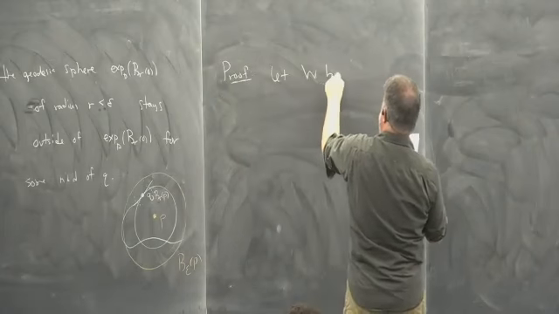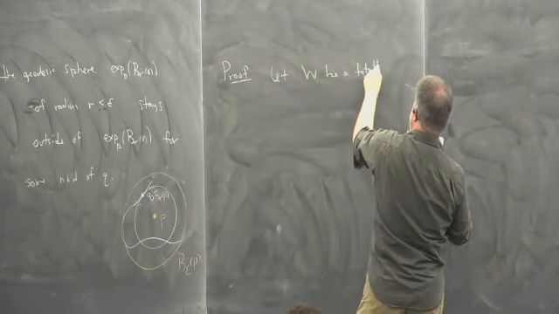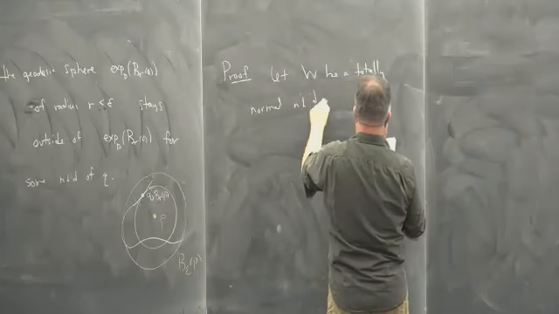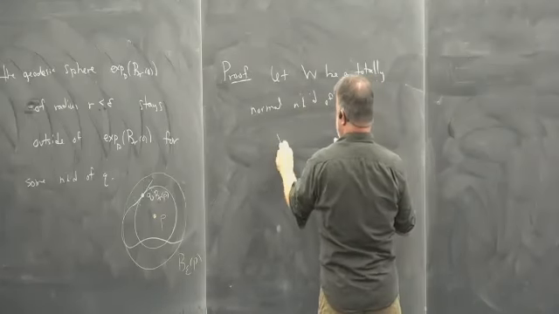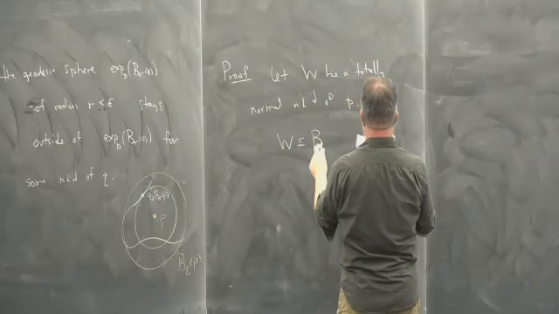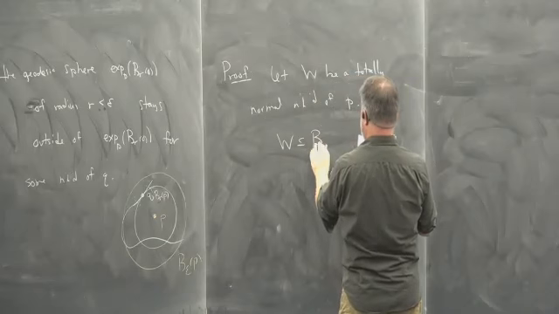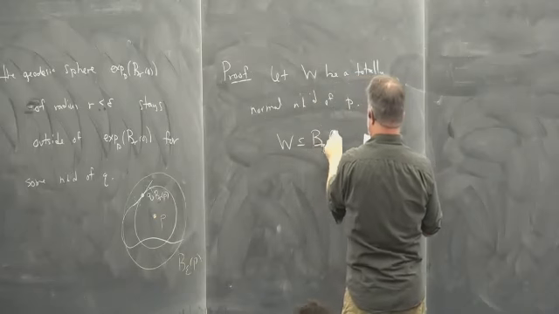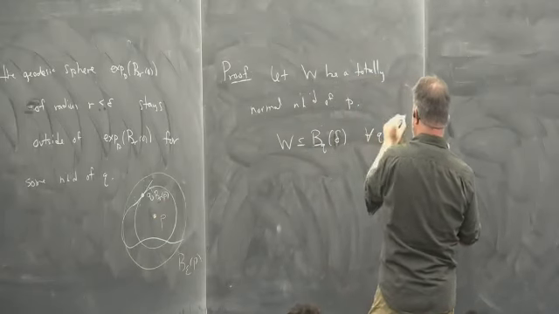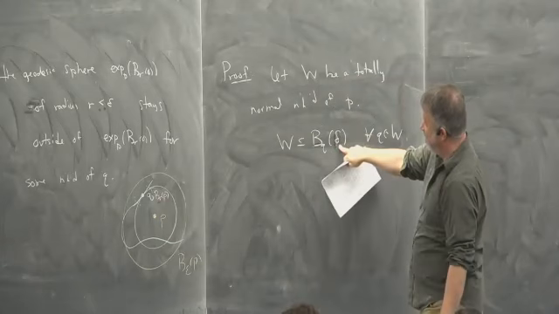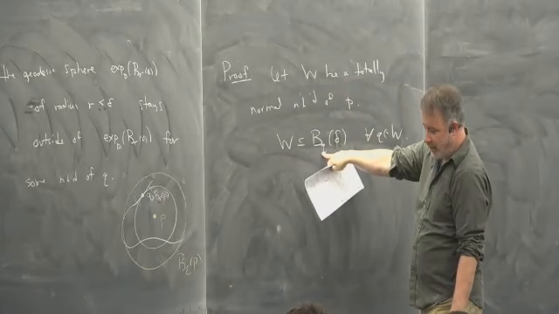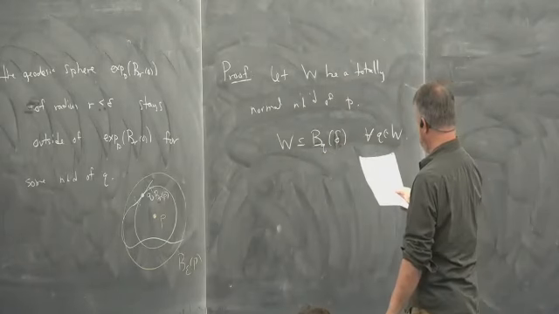So let W be a totally normal neighborhood of P. So we know that W is contained in B_Q delta for all Q in W. There exists a delta such that every point in W lies in the geodesic ball centered at that point of radius delta.